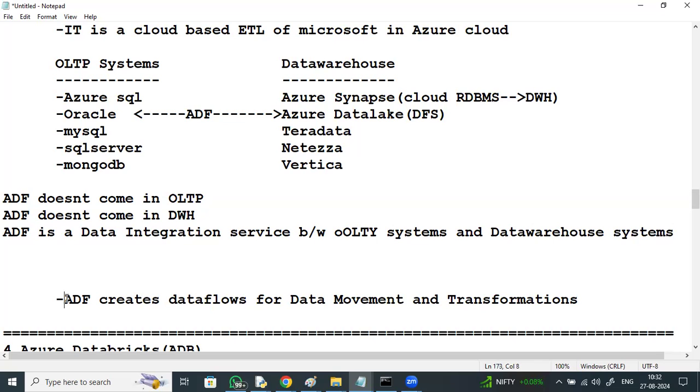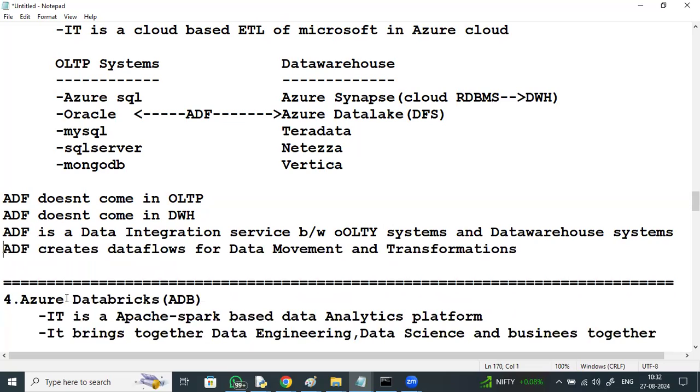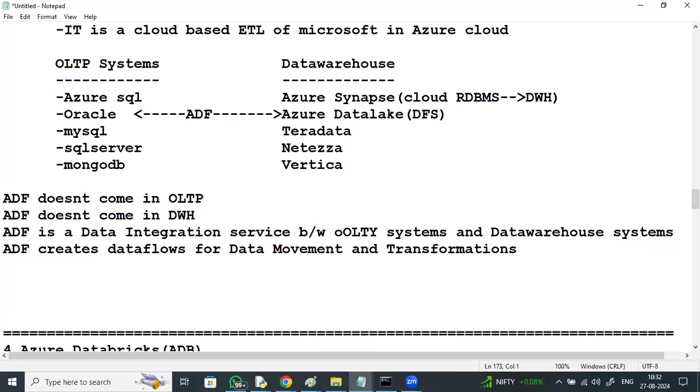ADF creates data flows and data movement transformations, right? For example, today I am doing a transaction.